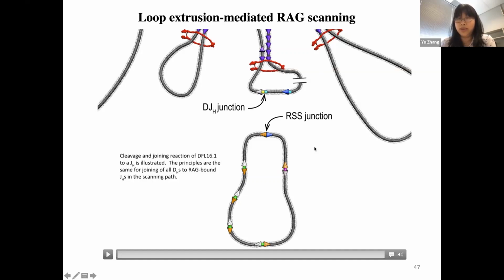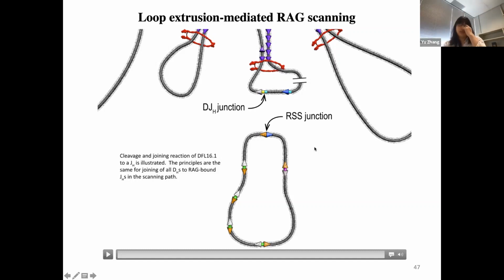And upon AID cleavage, loop extrusion will pull the two break ends apart and therefore promote deletional joining, which is a physiologic outcome of class switch recombination versus the inversional joining.